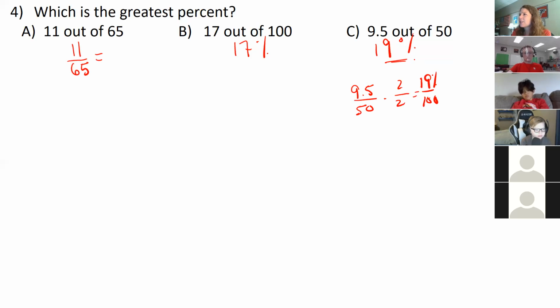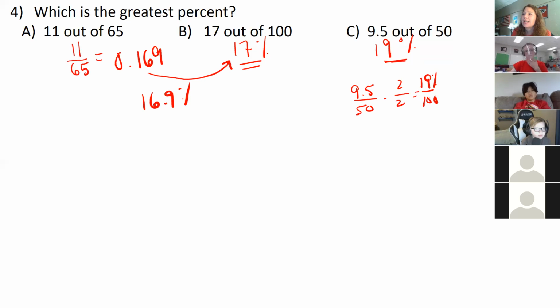Good job. And then, like you said, the first one, so we know those without doing a lot of math. And then the first one on my calculator, I got 0.169. So this is almost 17%, isn't it? But it's actually a little bit less than 17%. So C is the greatest percent.